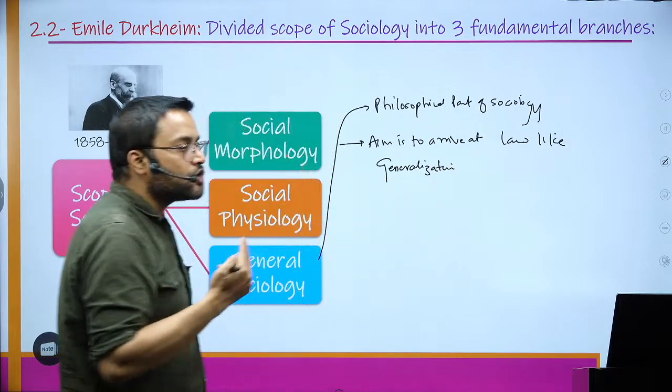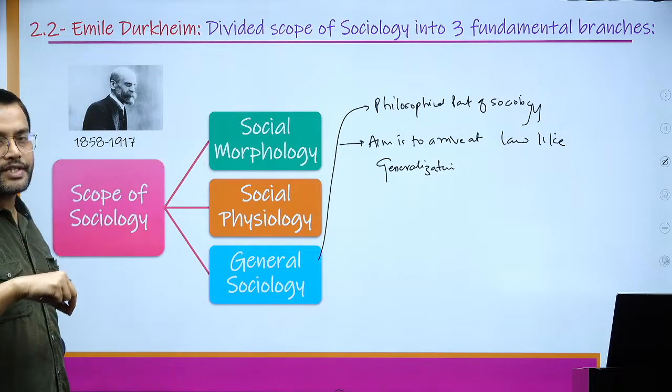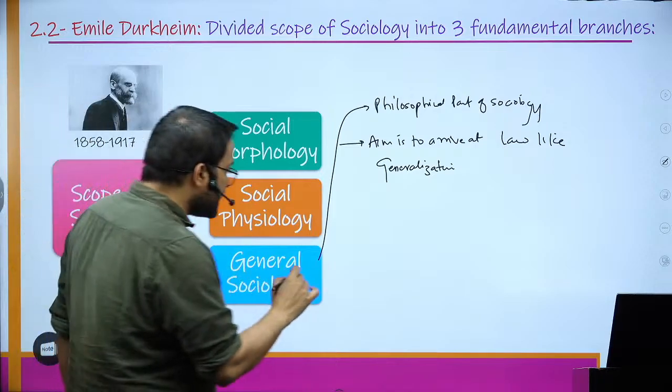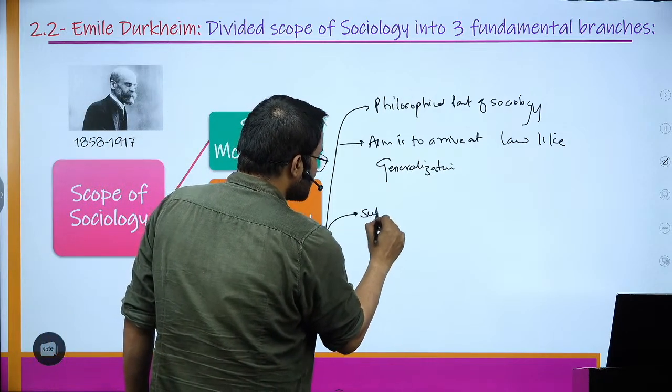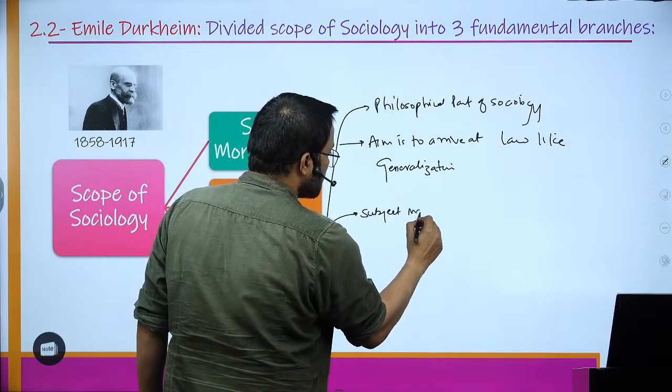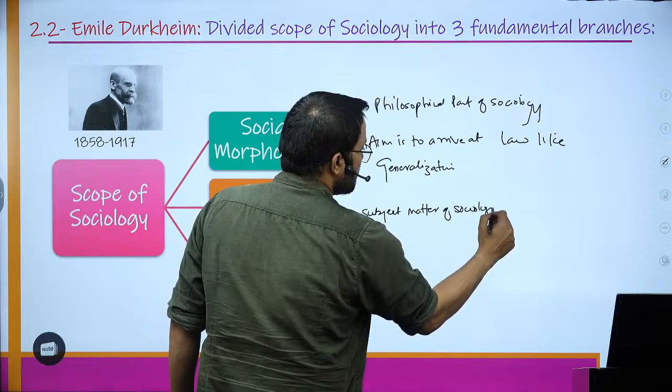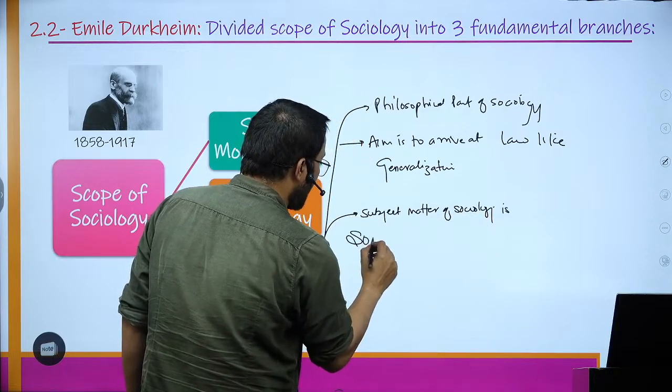So what he was doing is using philosophical concepts to study society, to arrive at law-like generalization. Just like he said, the only subject matter of sociology is social fact.